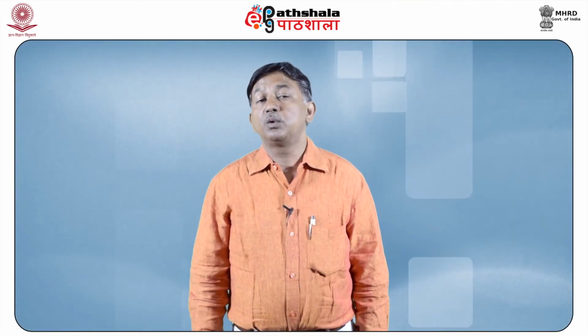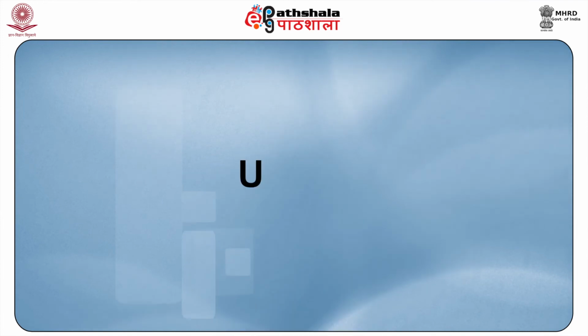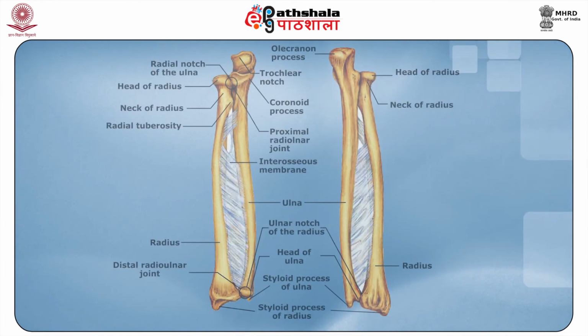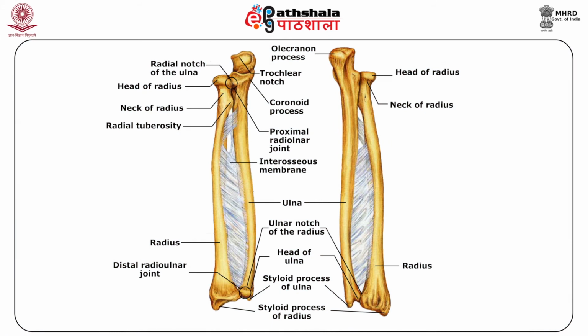Let's see the bones of the forearm. The ulna. Ulna is located on the medial aspect of the forearm and is longer than the radius. The proximal end of the ulna resembles a crescent wrench with its large C-shaped trochlear notch.